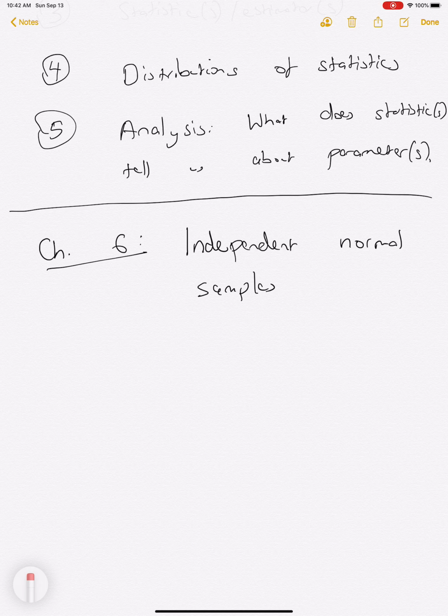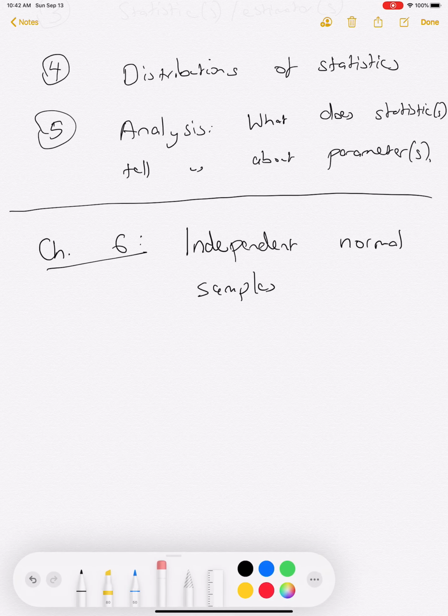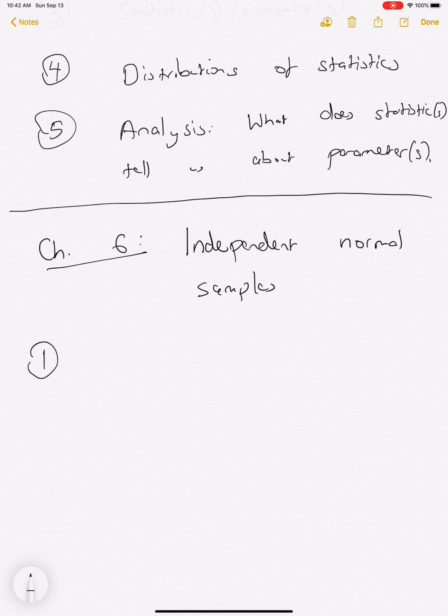Remember that chapter 6 really focused on independent normal samples. There, our data was x1, x2 up to xn. This is typically going to be our sample data.